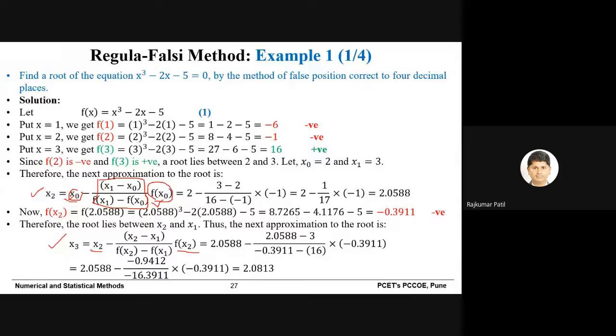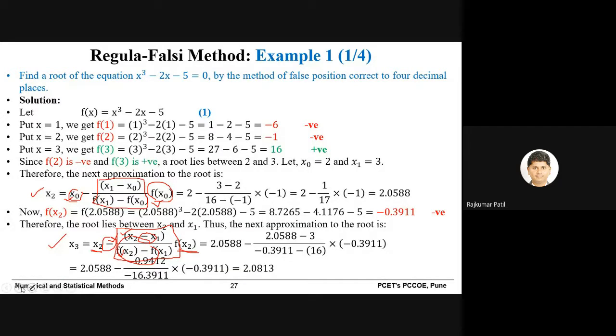So when you take x2 and f of x2, the middle term will be the same. For example, if you take x1 minus x2, and f of x1 minus f of x2, this sign will remain the same. And if you rearrange the terms like this, again the sign remains the same because both have a negative sign, and we are taking the common negative sign.